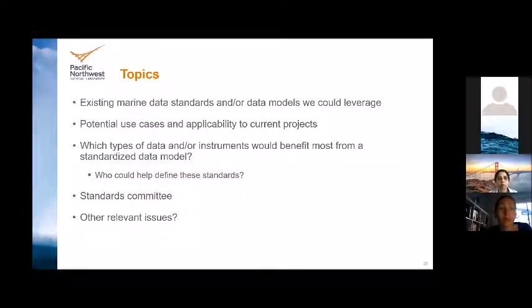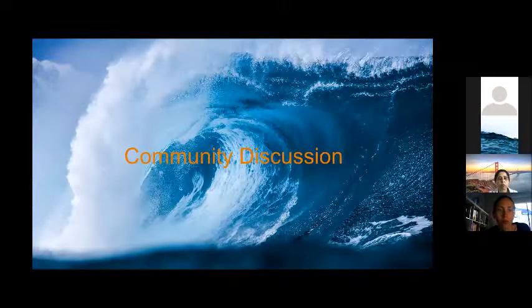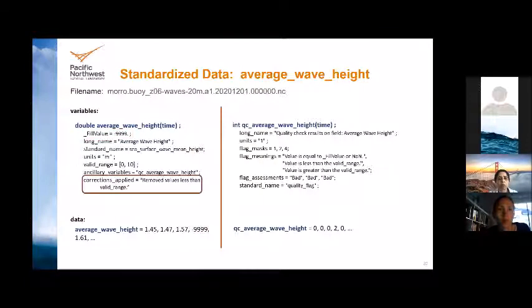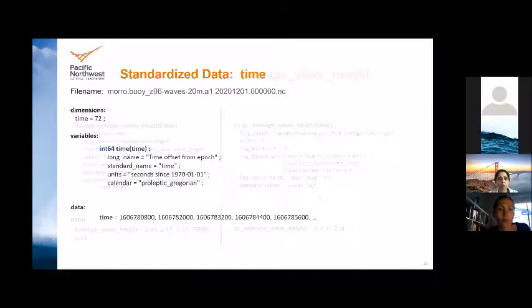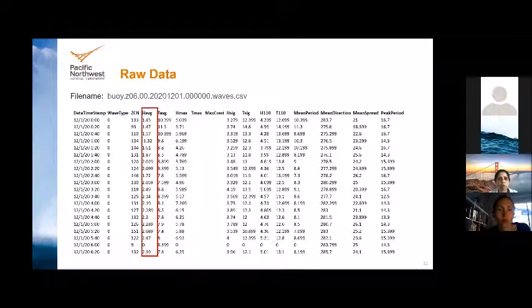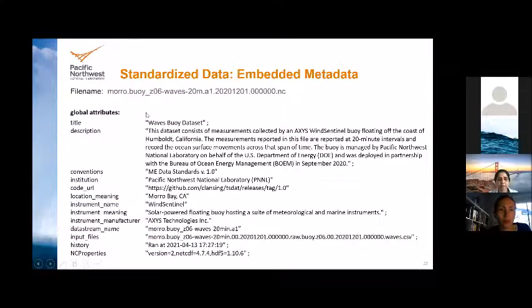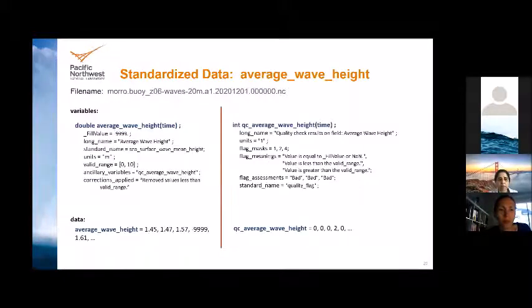The raw data will have whatever came off the instrument, like what Max showed. For example, in the raw data it would be HAV, but in the processed data it would be average wave height. Since the variables will probably all be named differently, they're in separate files. Okay, thank you.